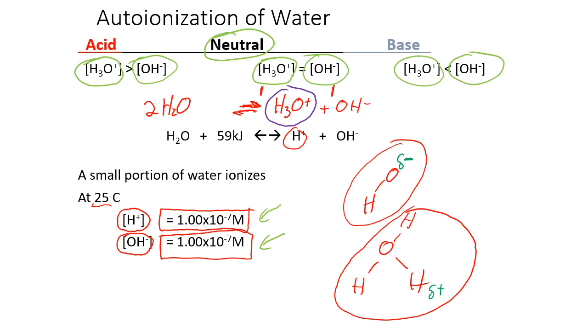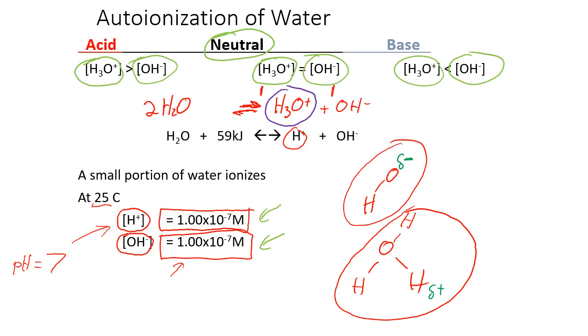And we'll talk about this later, but for the people that have already taken pre-calc 12 and have already studied logarithms, if you were to take the negative log of that number, it would come out to 7, which happens to be the pH of water. But we'll talk more about that in the future.